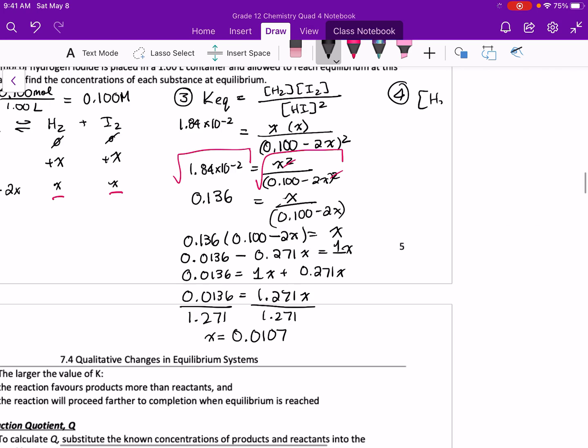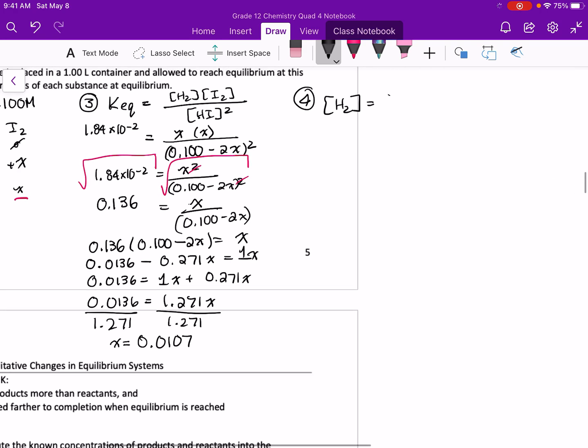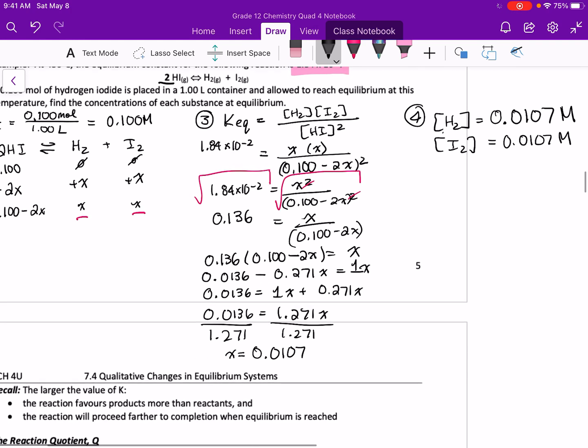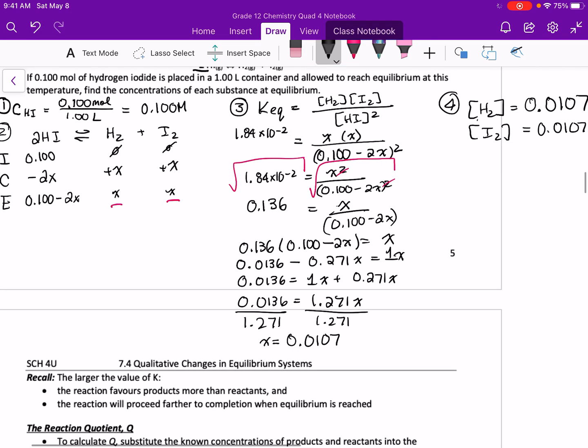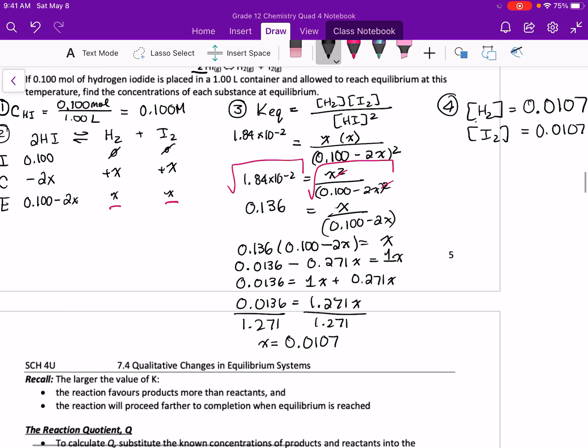Now that I have my x value, I'm going to, over here, find my equilibrium concentrations. So my hydrogen gas equilibrium concentration is my x value. So it is 0.0107 moles per liter. Same thing with my iodine gas. Now for my hydrogen iodide concentration, I need to put it into that original equation now that I have x.